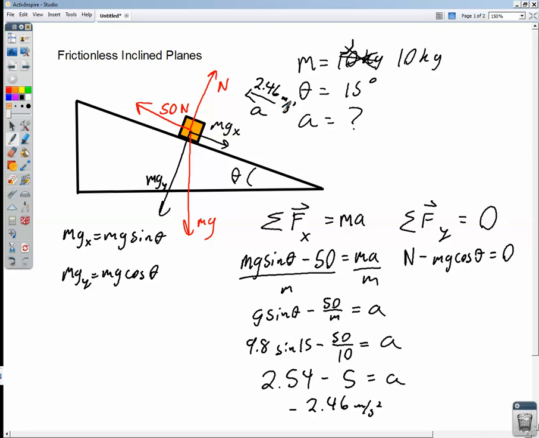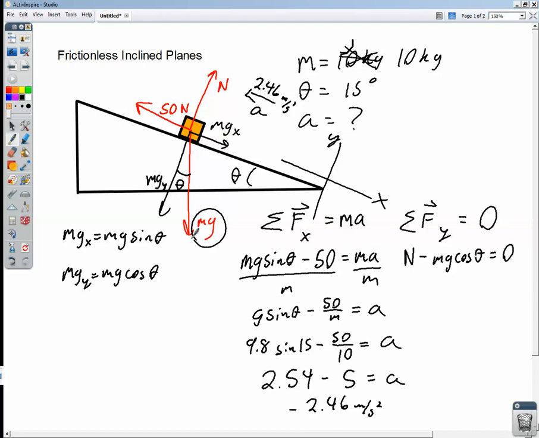All right, so the keys, again, for these are understanding that this angle here is theta once we've rotated our coordinate system. And we rotate our coordinate system so that x is now parallel to the ramp, y is perpendicular to the ramp, and it does, believe it or not, make the math easier, because then we only have to find the components of the weight vector.